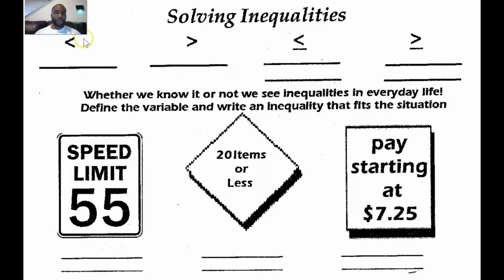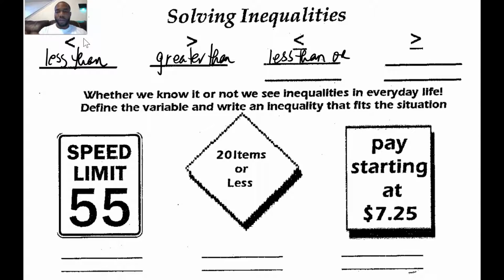So this symbol right here, if we're reading from left to right, which when we don't have numbers or anything, we actually read from left to right, will be less than. This symbol right here will be greater than if I'm reading from left to right. This symbol right here will be less than or equal to.